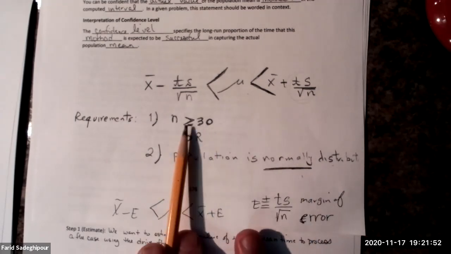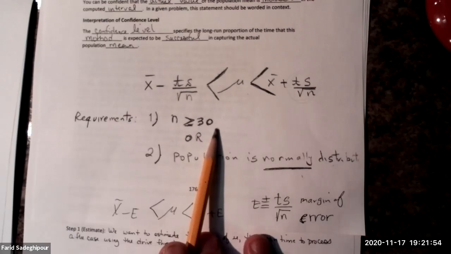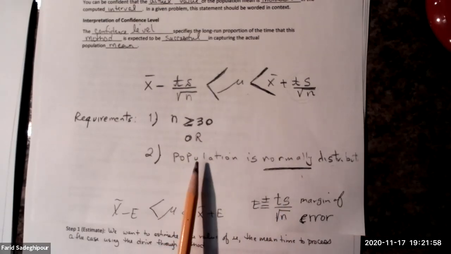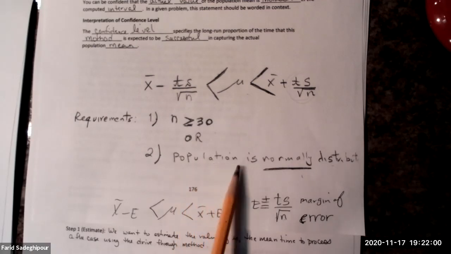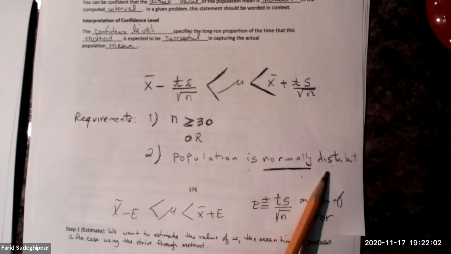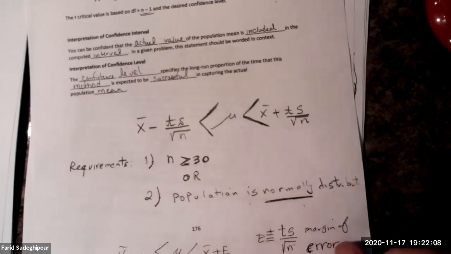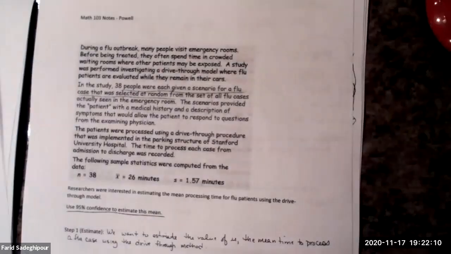So in the problem, if you see n is like 20, don't assume that we cannot use it. If we indicate in the problem that the population is normally distributed, then it's okay to have n less than 30. Then you could go ahead and use the t formula, okay? The t formula, again, is used when the standard deviation of population is not given.